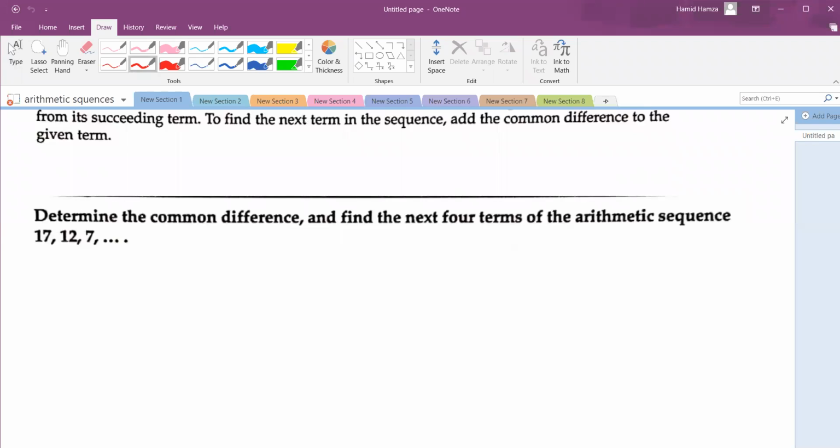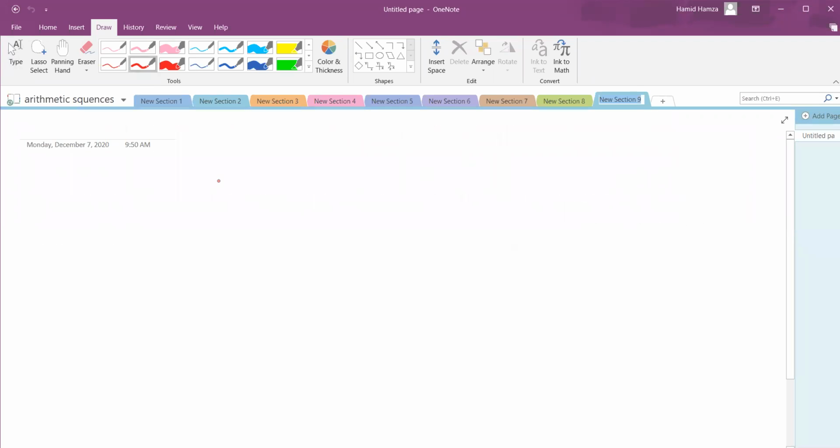So if he gives you a list of numbers 8, 10, 12, and so on, and asks you to discover if this is an arithmetic sequence or not, all you need to do is discover how it increases or decreases.